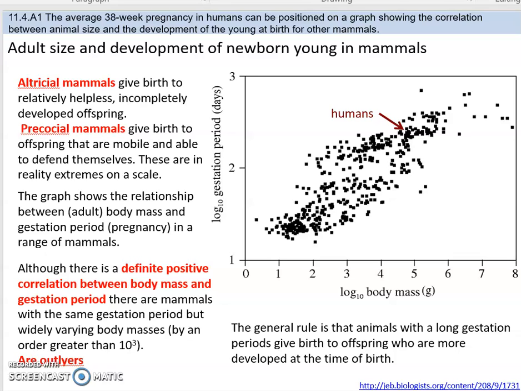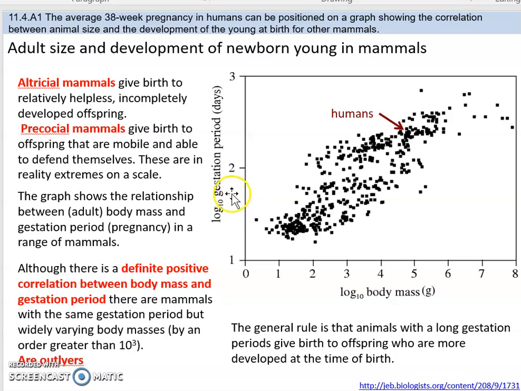And what we need to appreciate is that the human gestation period is here, so around about 9 months. And what happens, as we've got different species being shown by each of the points here, is that as you increase the body mass of a mammal, you generally tend to increase the gestation period of the organism.